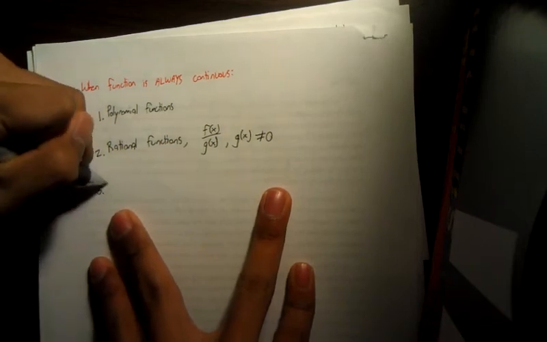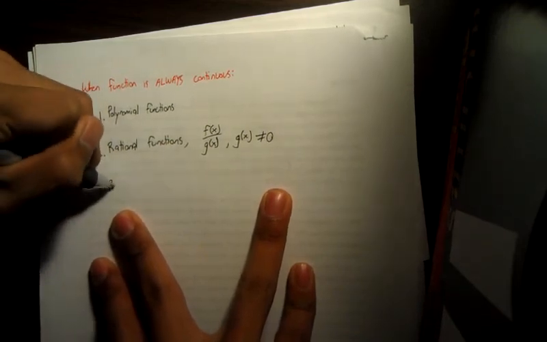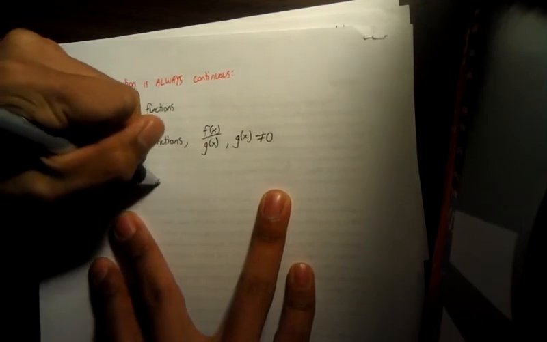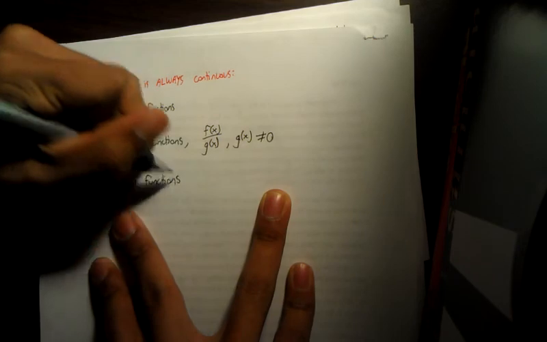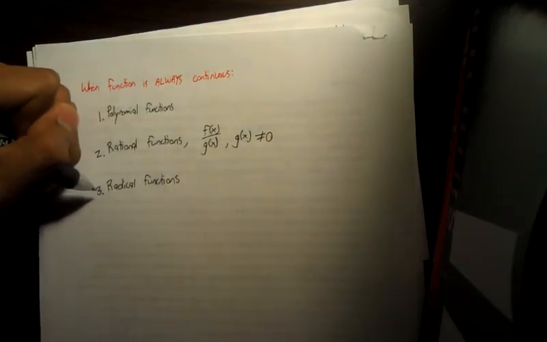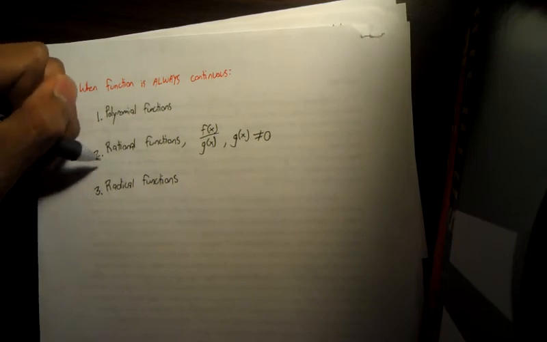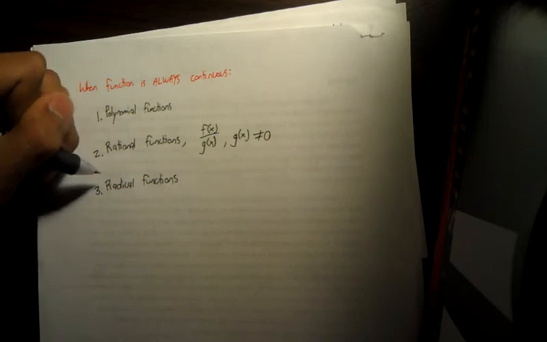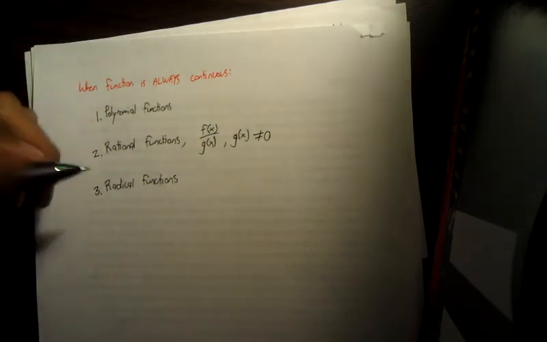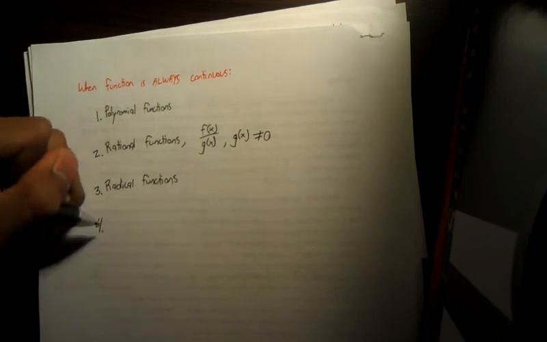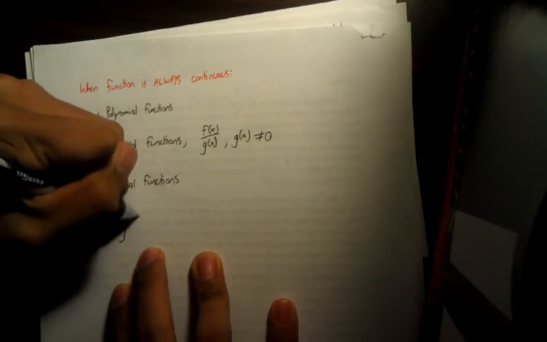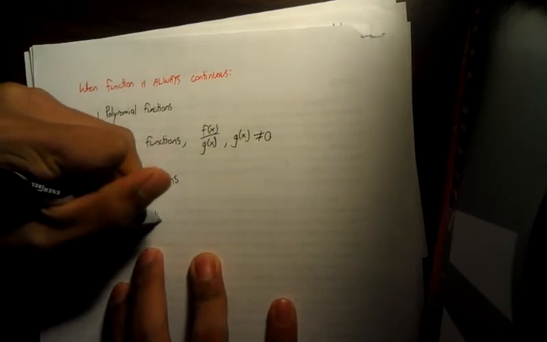The third one, radical functions. So anything with some sort of root. And keep in mind that these are within the domain. So for radical functions, they're always continuous within their domain. And the last one, trig functions.